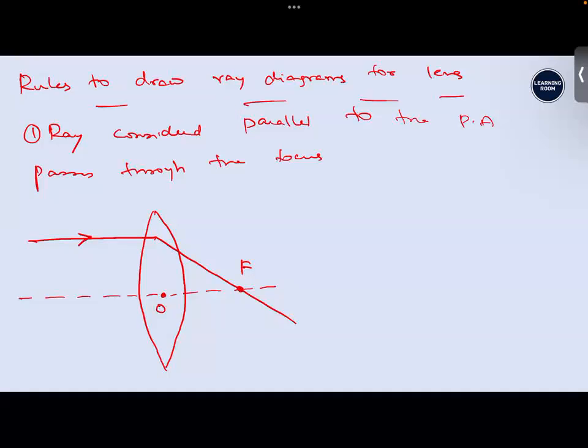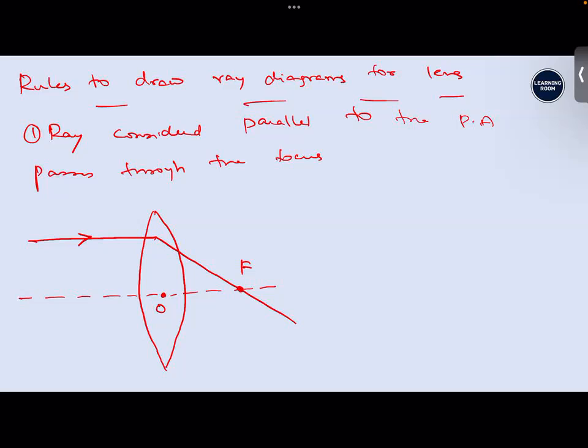This is the optical center. With the concave lens, you take a ray parallel to the principal axis, it will appear as if it is originating from the focus. Is that right? So this is what happens. Second, if an object is placed at focus, what will happen?